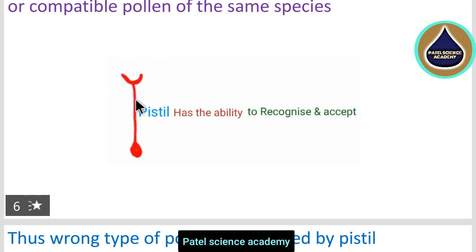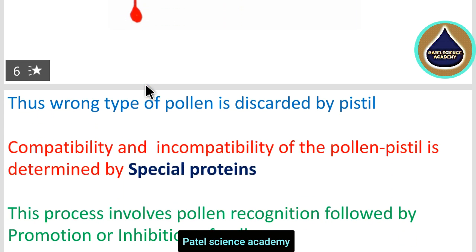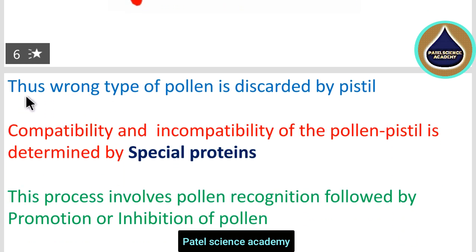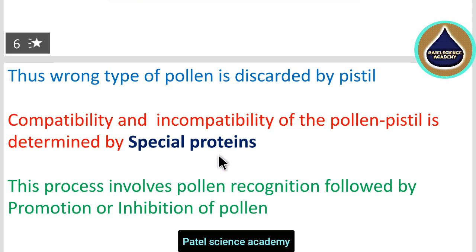If a wrong pollen grain has been transferred, it doesn't recognize it, it rejects it. That's why it is called pollen-pistil interaction. Thus, the wrong type of pollen is discarded or rejected by the pistil. It means it depends on the pistil's nature. It has a very important and specific ability to recognize its own species of pollen grain.